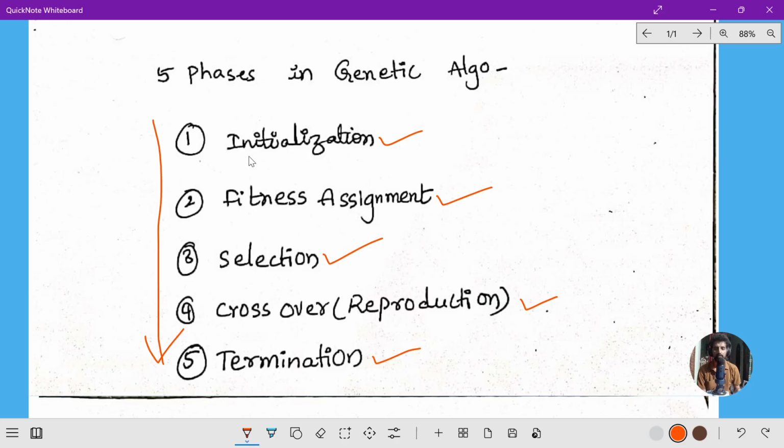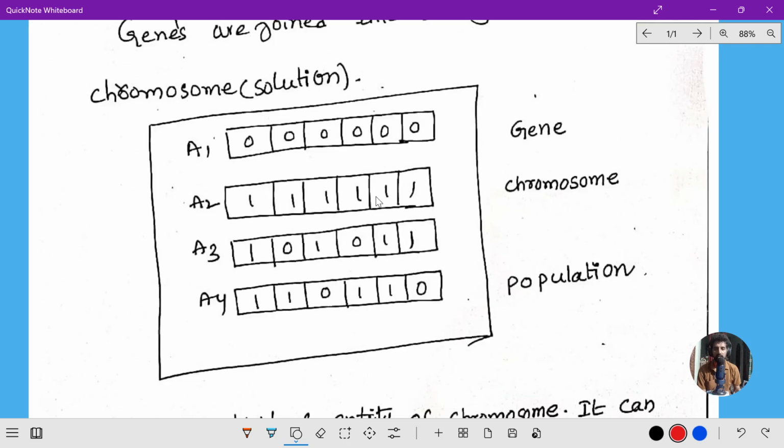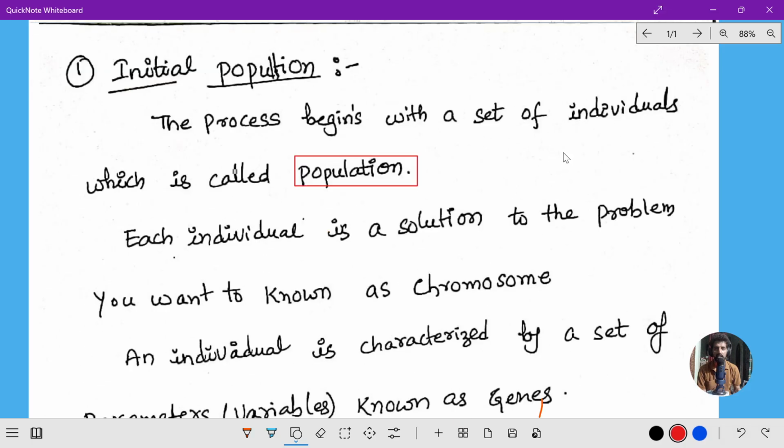The first one is initialization. You observe on the screen: initialization is also the initial population. The process begins with a set of individuals which is called a population.